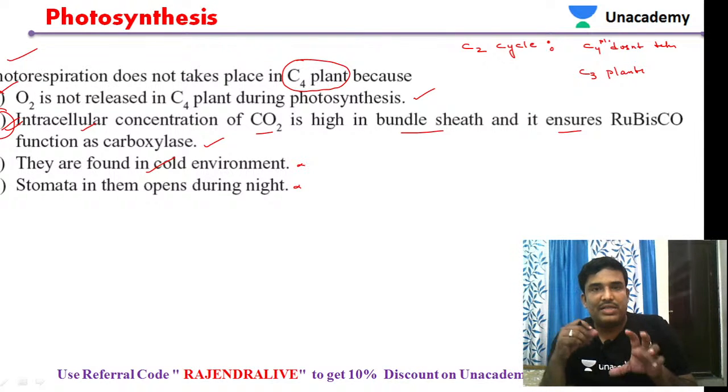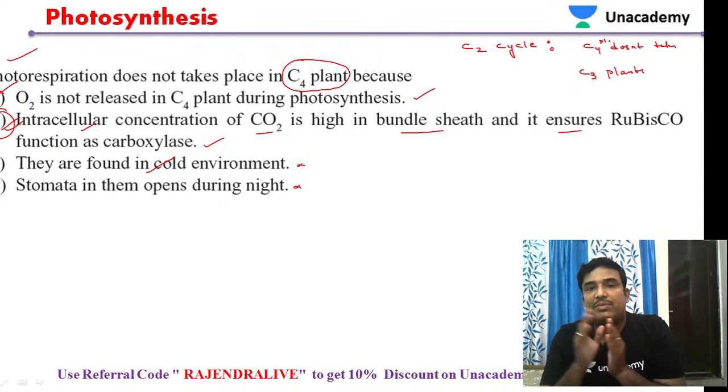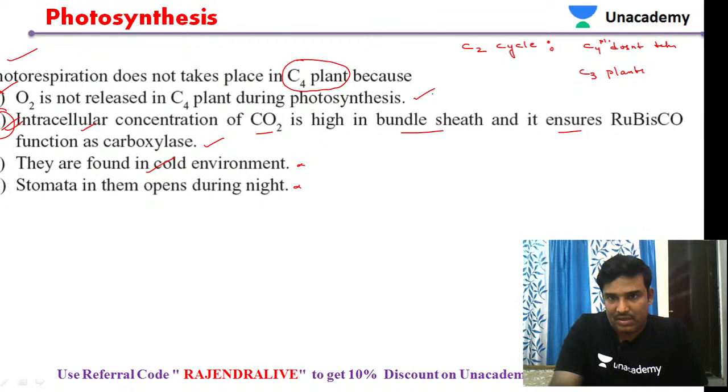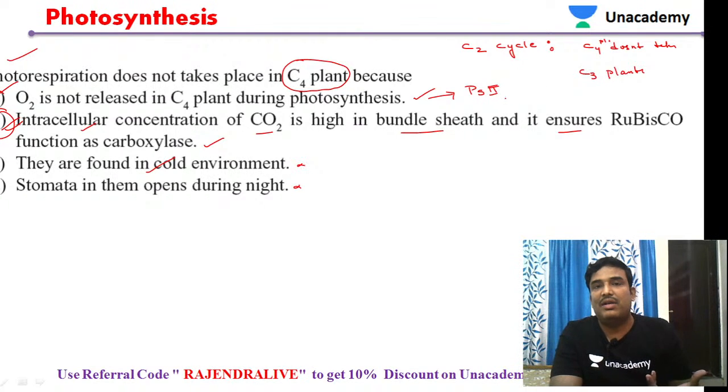Why? Because in C4 plants, the chloroplasts of bundle sheath cells don't have photosystem 2. When photosystem 2 is absent, the oxygen evolving complex will also be absent.